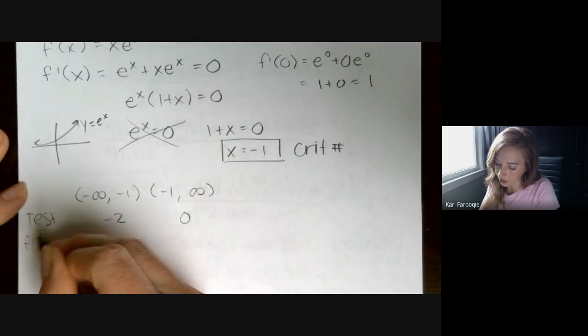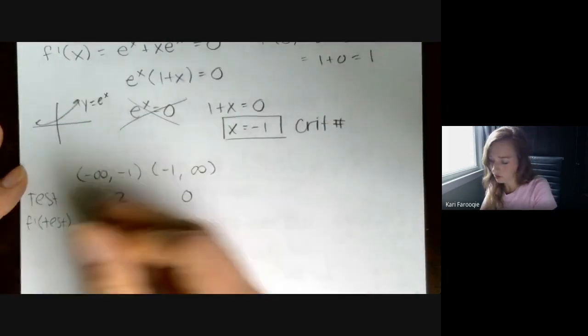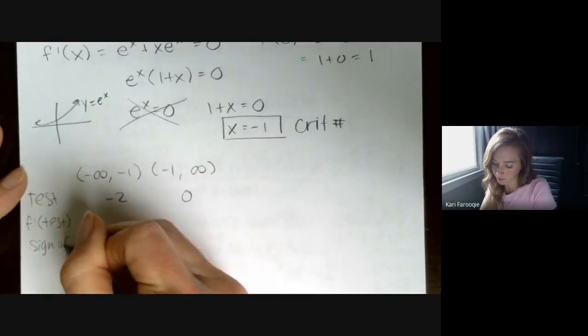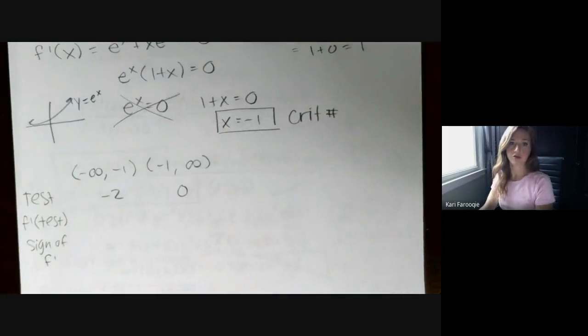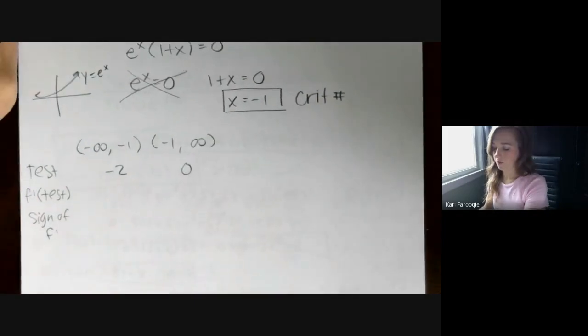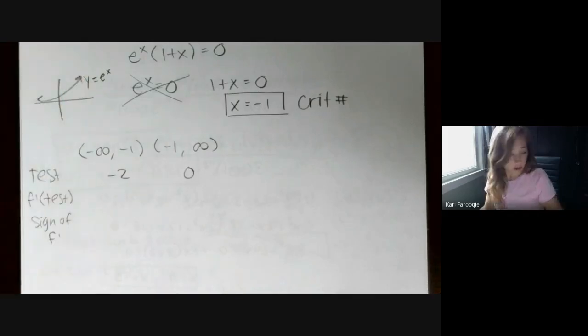Okay. So now we're going to use your test point and evaluate the derivative there and then make a conclusion about where your function's increasing or decreasing. So go ahead and look at your derivative. If you want, you can plug this into your y equals. I'm not going to.